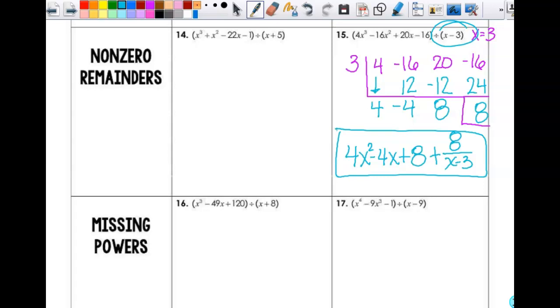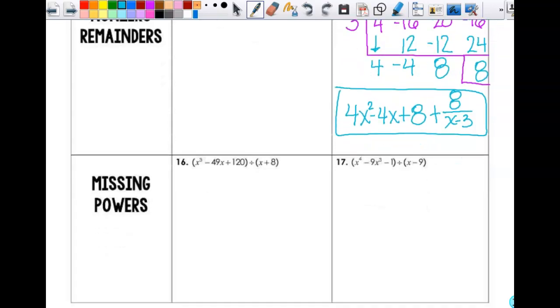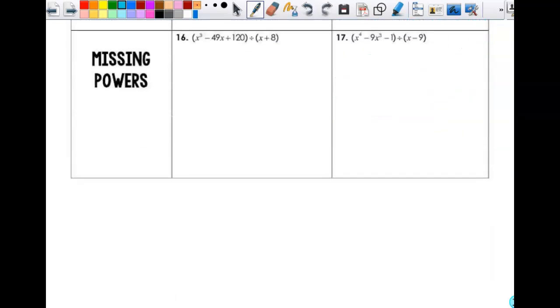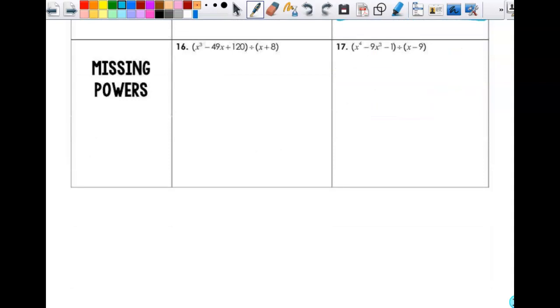All right. Now, let's see what happens when we have missing powers, because just like with our long division, if we have missing powers, then we have to take care of them. We can't just ignore them or things don't work out, right? So let's see. This is x cubed. So that should mean there are 4 numbers on the inside because it's a third degree polynomial. There's only 3 terms there. I'm missing my x squared term.